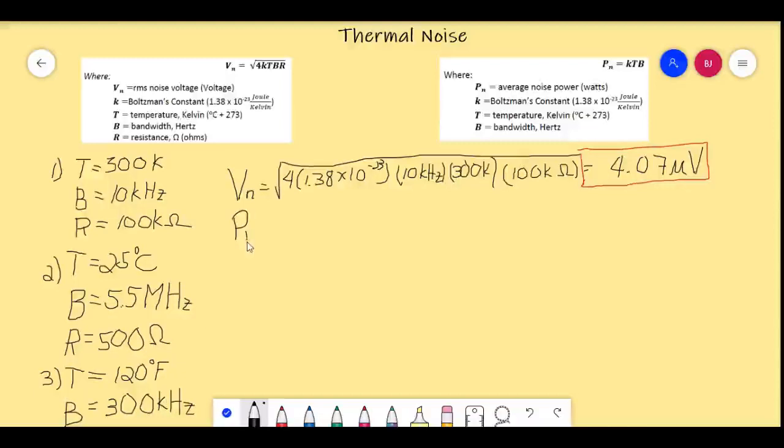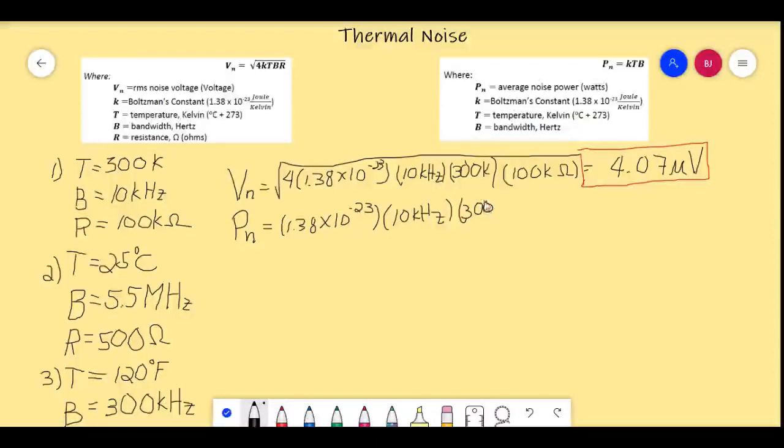How about for noise power? Noise power is actually easier to calculate as it only requires k, T, and B. So that would be our 1.38 times 10 to the -23 multiplied by 10 kilohertz and our 300 Kelvin temperature.